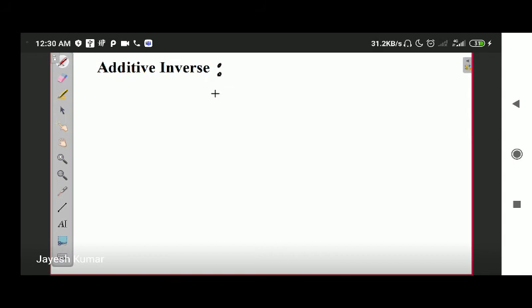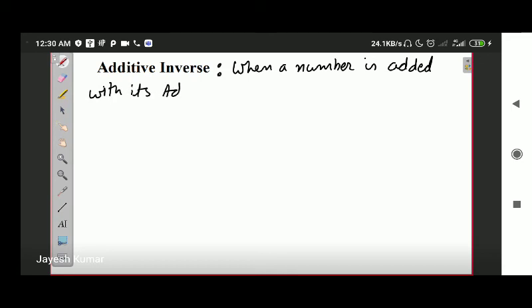Additive inverse is when a number is added to its additive inverse, the result is 0.